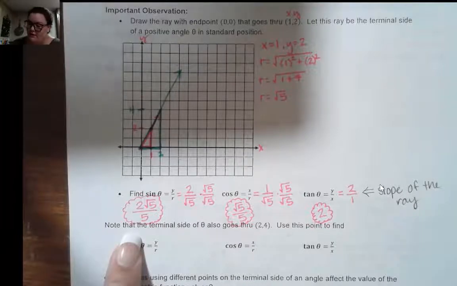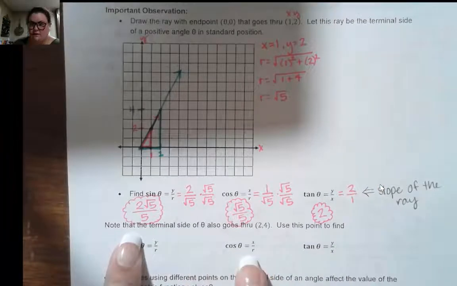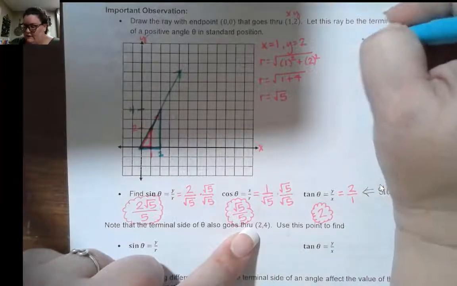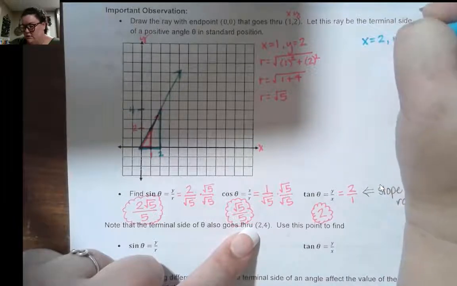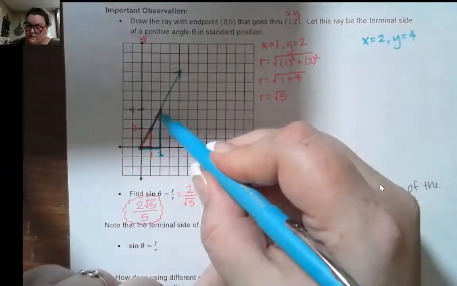Okay, so I'm going to come over here, just because I have more room up here than I do down here. If I use the point (2, 4), now I know that my x is 2, and my y is 4, right? So I need to figure out what this r length is.